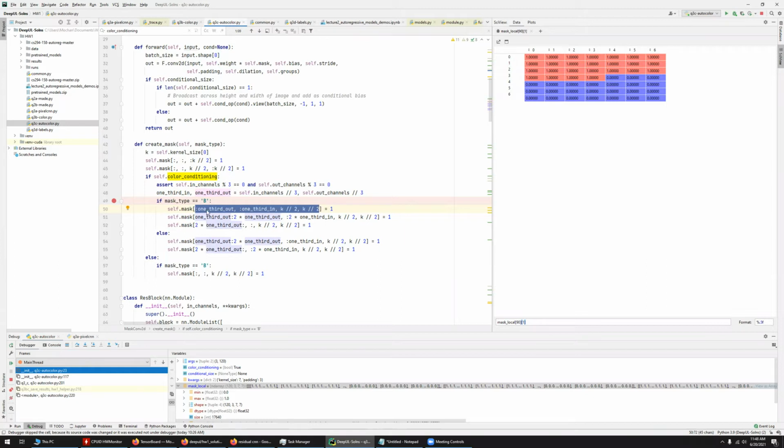So this one says use red for the first third in and the third out, but then leave the blue and green 0, right? Leave it as it is. So this will say only red is always 1, which is fine. This one says red and blue is fine, but leave the green to be all zeroed. This one says, okay, everybody can use green.